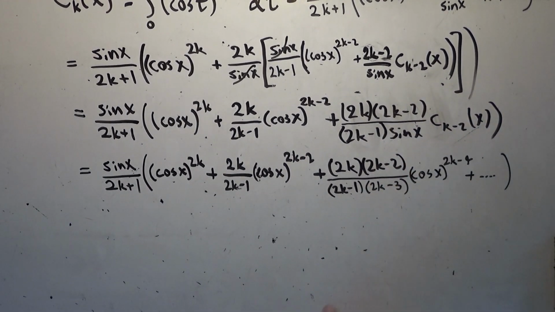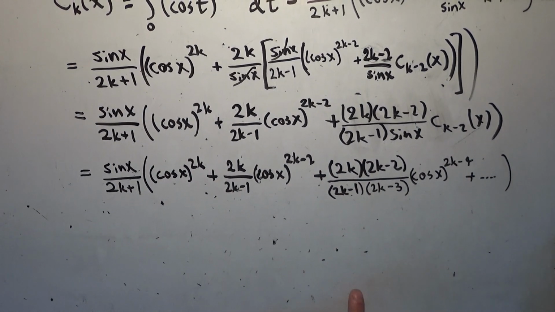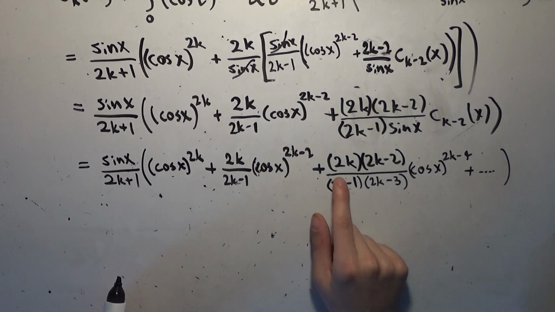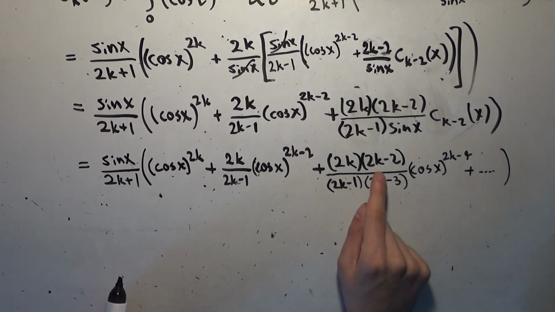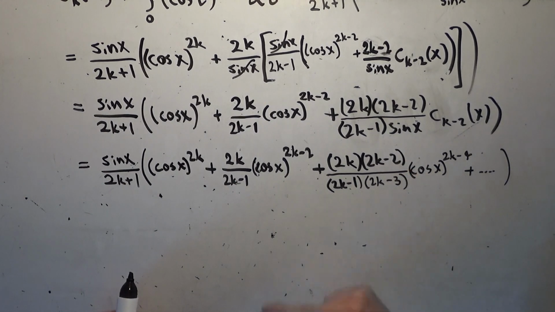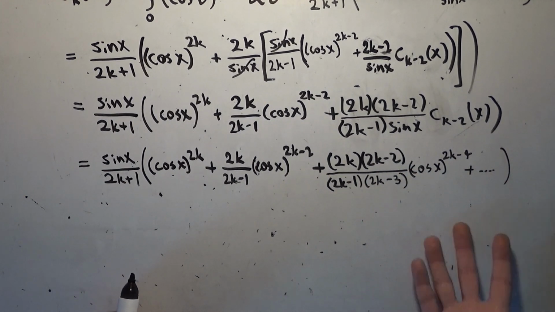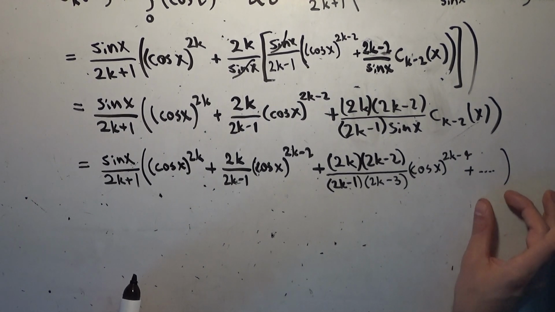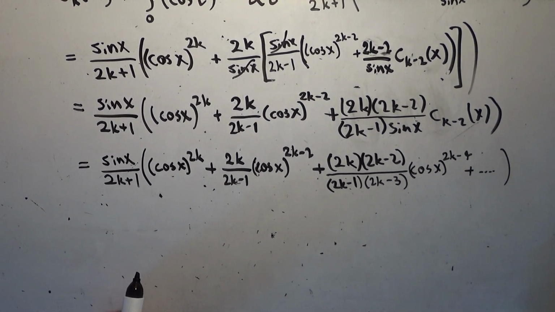And what you might notice is that these numerators and denominators are like a weird pseudo-factorial, right? Because what you'll end up with as you do these more and more is in the numerator you're going to get 2k times 2k minus 2 times 2k minus 4 times 2k minus 6 all the way down to 2 when we finally get to the last term, the constant term, the cosine to the 0 term.